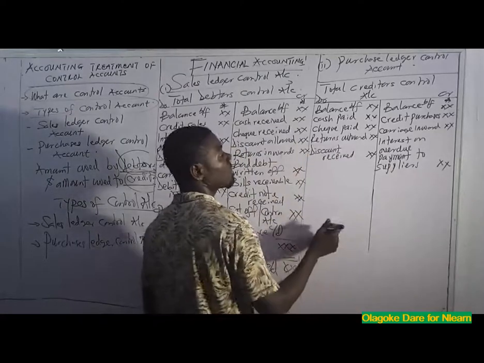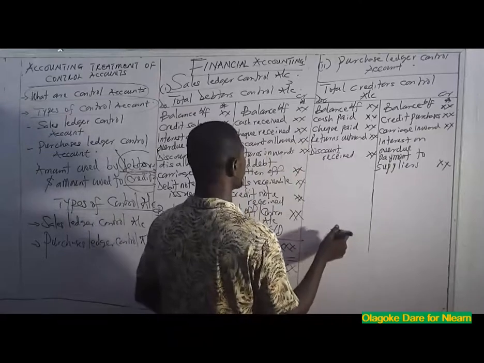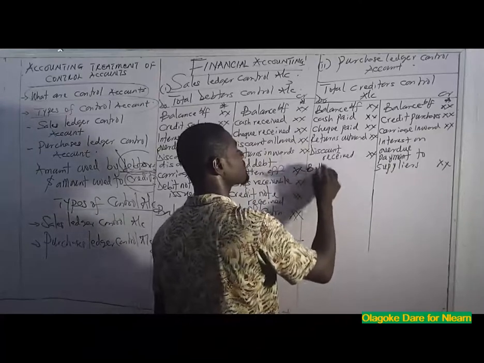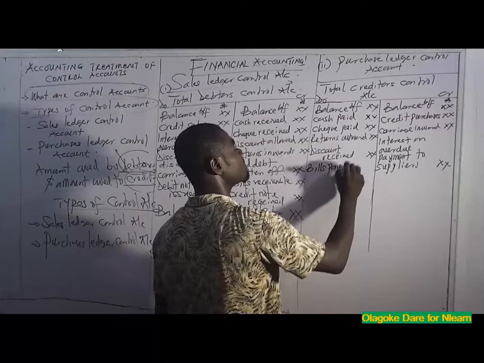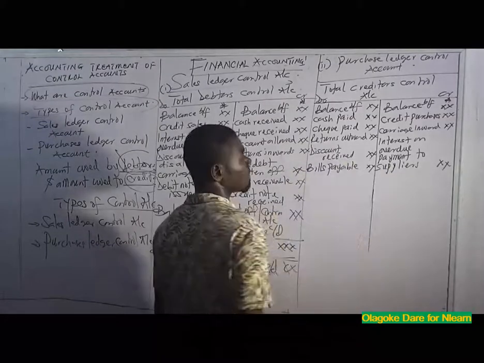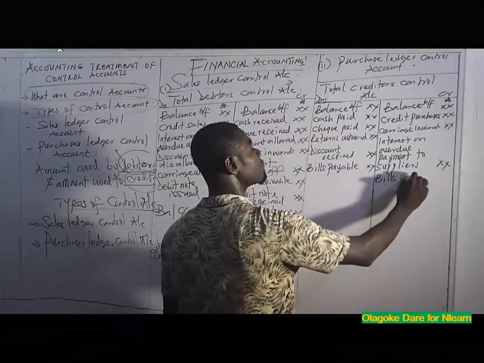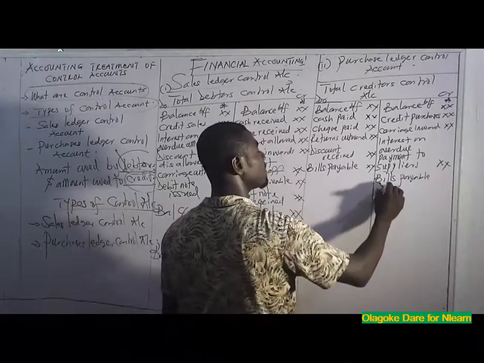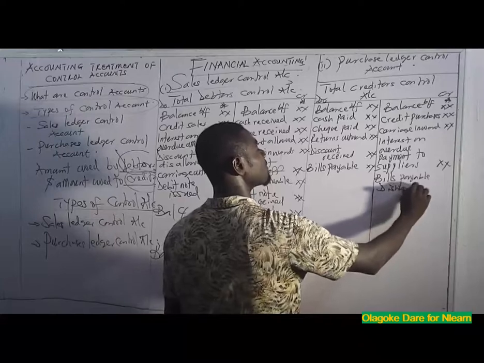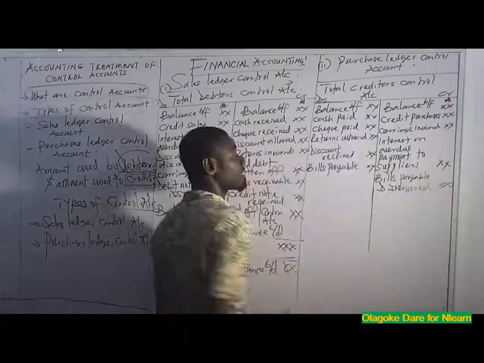We have discount received. We have bills payable. So here we have bills payable dishonored. It will increase the debt of creditors.